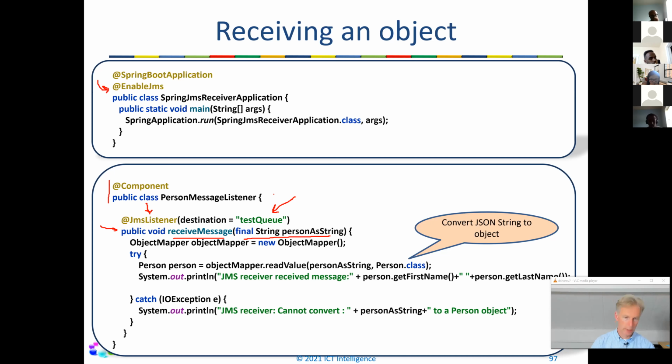And what I do then, I get that JSON string, I convert it back to a person, and I print out, I received the message with this first name and last name. And if there is an error, that I cannot convert this to a person object. This is my whole receiver application. That's all.